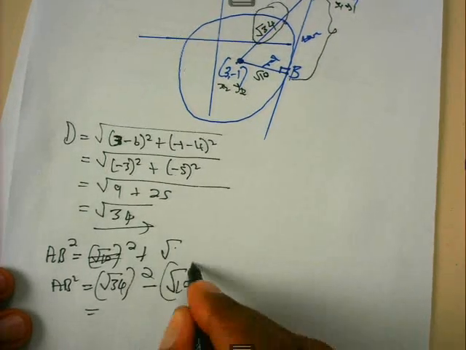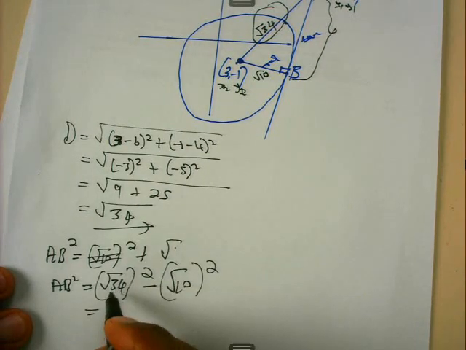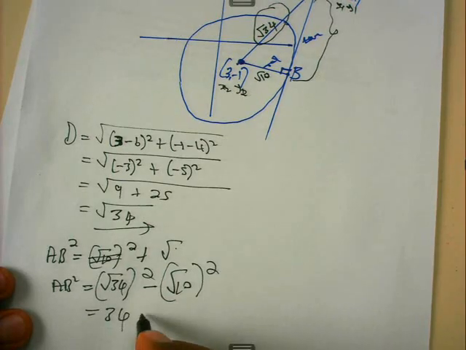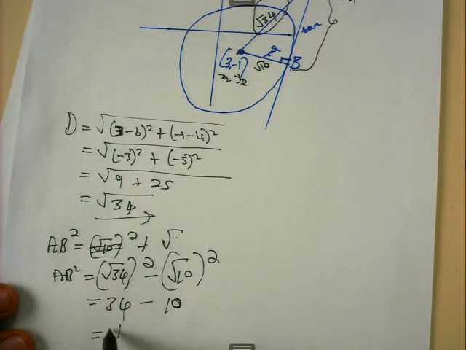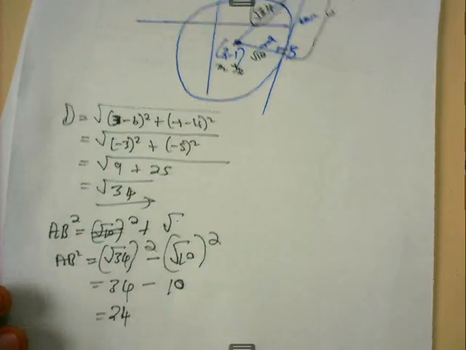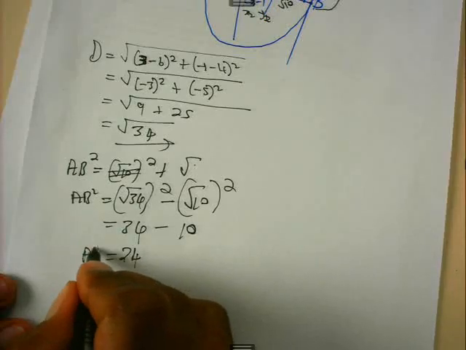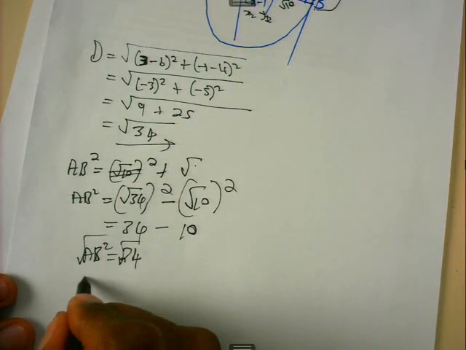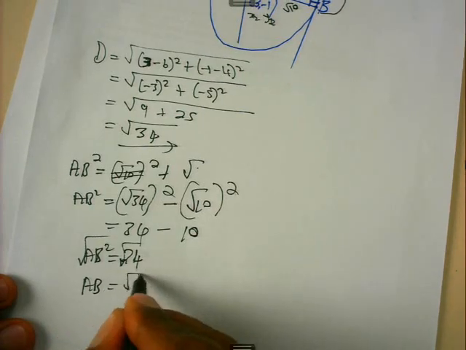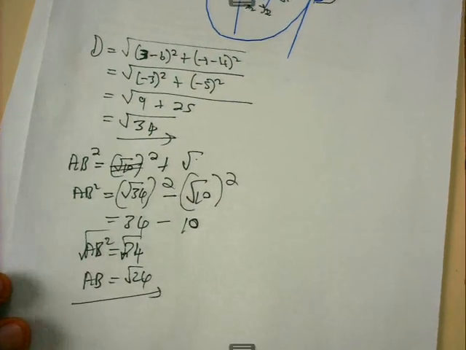Right, now we square everything here. The square root of 10 squared is 10, and the square root of 34 squared is 34. Therefore, 34 minus 10 is 24. Therefore, AB squared is equal to 24. Then apply the square root on both sides. Then AB is equal to the square root of 24.